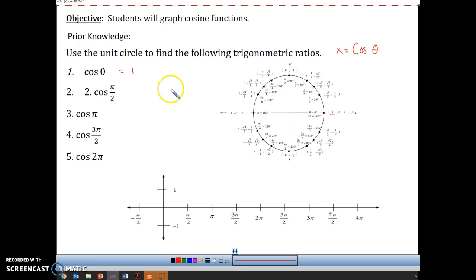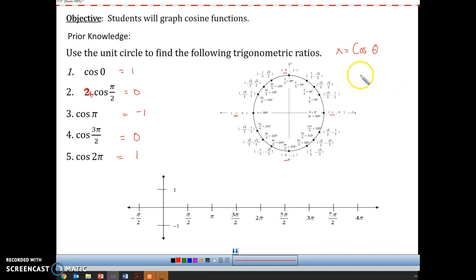For cosine of pi over 2, the x value is 0. At pi, the x value is negative 1. At 3 pi over 2, the x value is 0, and at 2 pi, it is again 1.